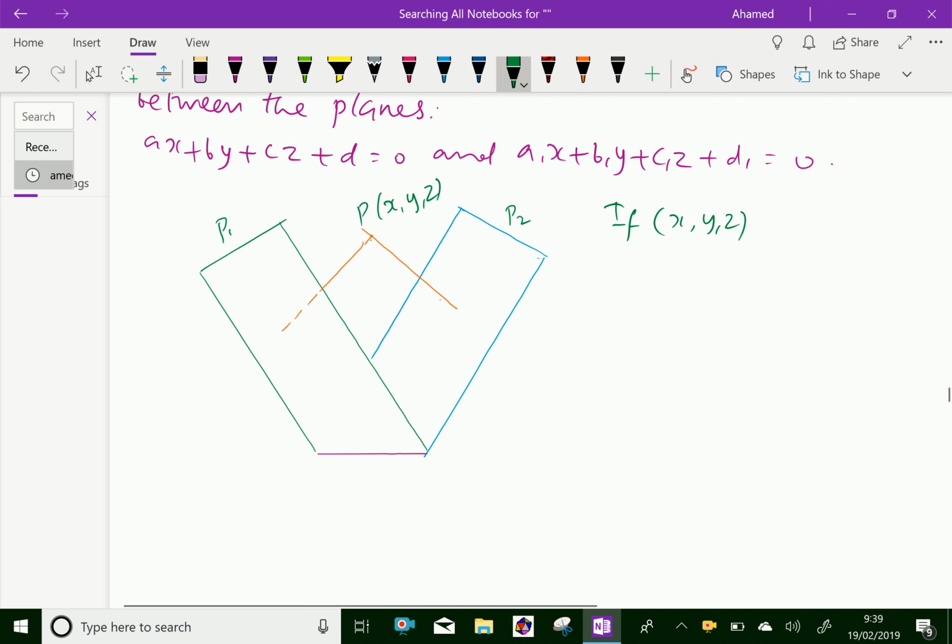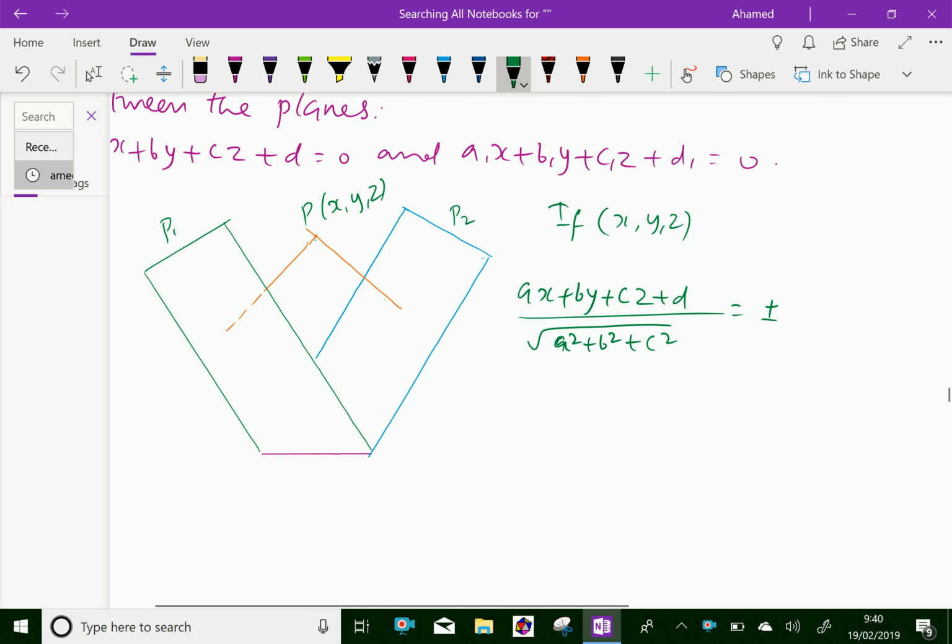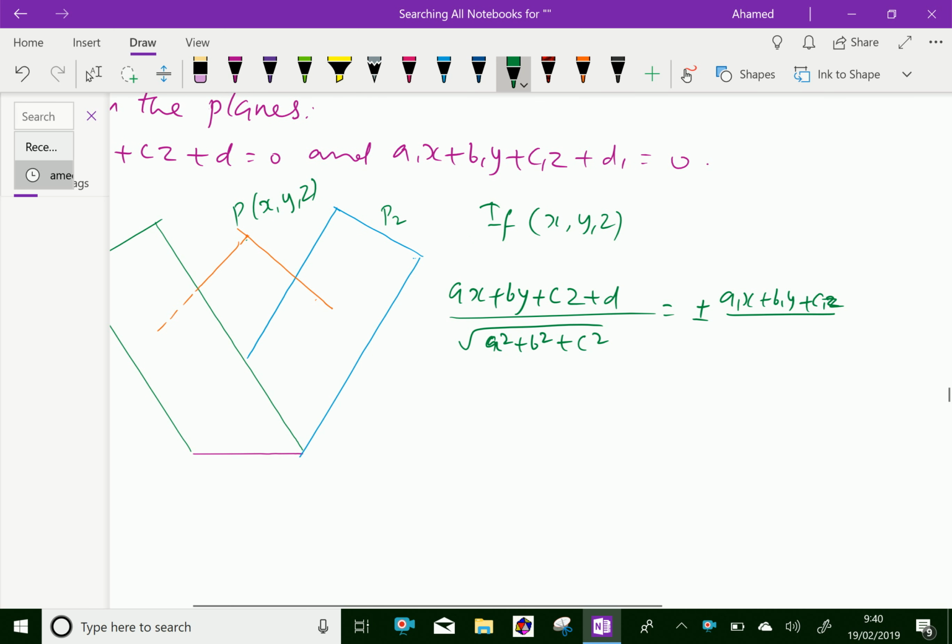Therefore the perpendicular distance from the point P to the first plane is (ax plus by plus cz plus d) over the square root of a square plus b square plus c square, equal to plus or minus (a1x plus b1y plus c1z plus d1) over the square root of a1 square plus b1 square plus c1 square.